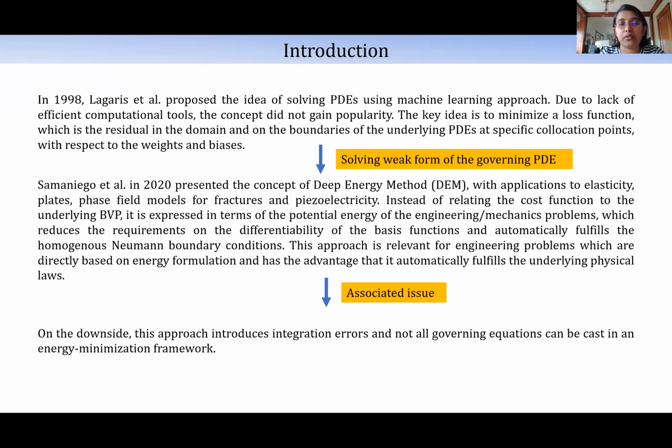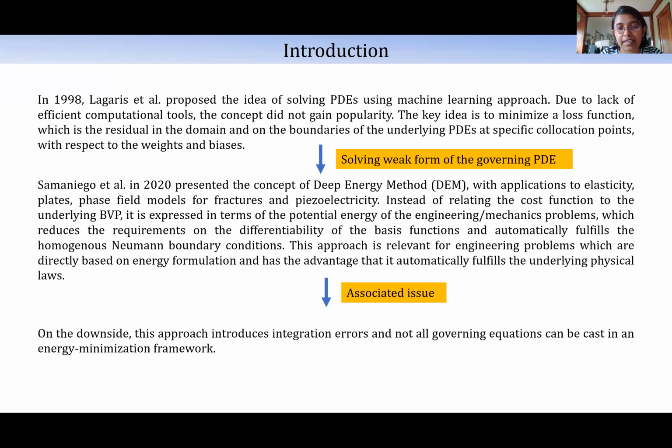Now, in 2020, Samaniego et al. proposed the idea of the deep energy method, and that was for solving the problem using the weak form of the governing PDE, which has shown applications in elasticity, plates, phase field models for fracture, and piezoelectricity.